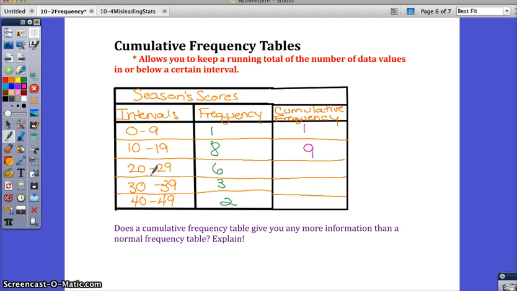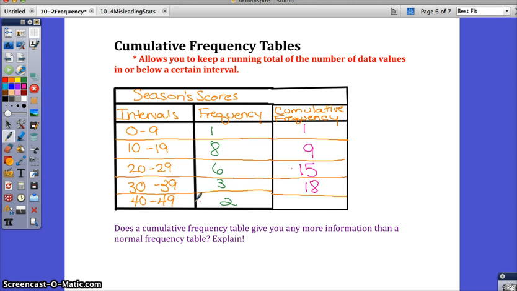After the 29 interval, that means all the numbers from 0 to 29, you can add up all three of these, or you can see it as I take 9, I add 6, I get my answer. After the 39, so all the scores below 39, including the under intervals, add all 4 of these up, or take the 15, add 3, and that gives you 18.